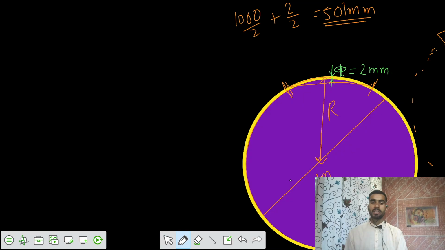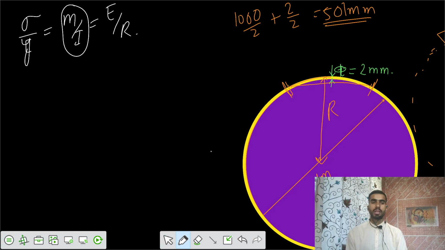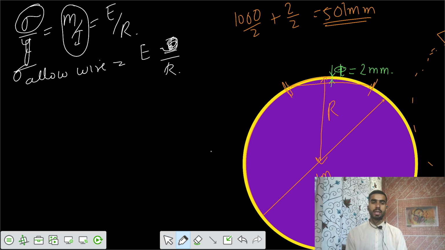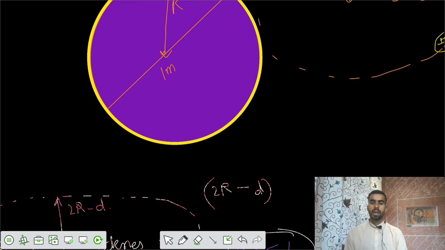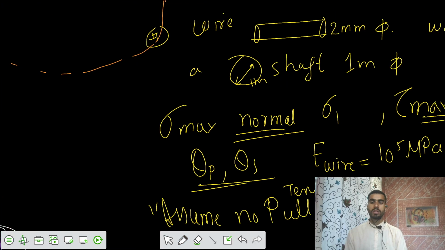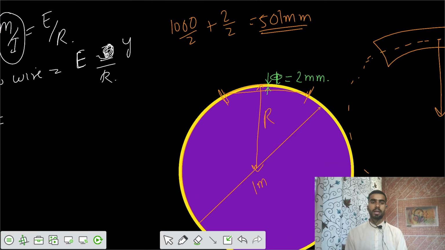So we need to find the maximum stresses. I know the flexural formula, sigma by y equals M by I equals E by R. We don't know the value of the moment here, so I can get the stress allowable in the wire using E y by R. We know the E value of the wire is 10 to the power 5 megapascal.